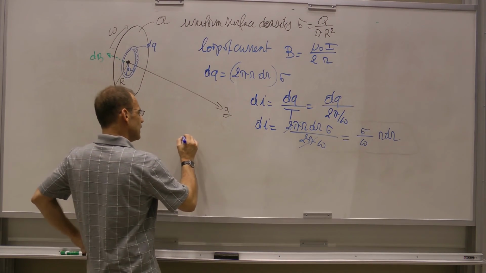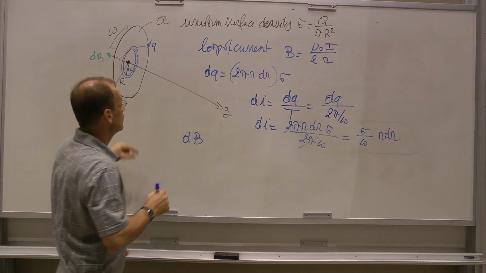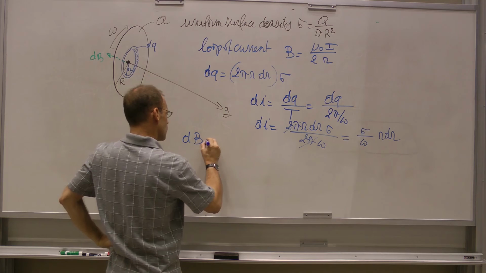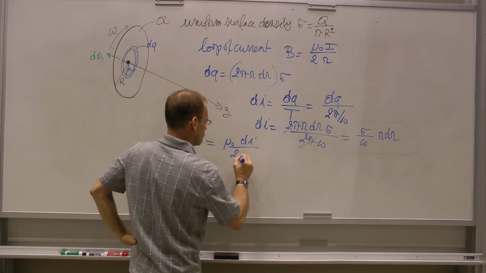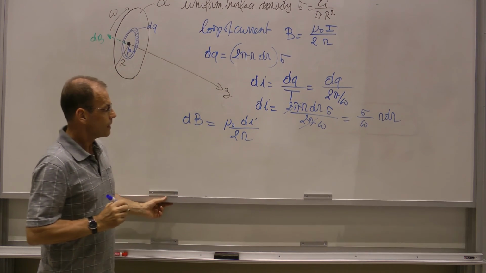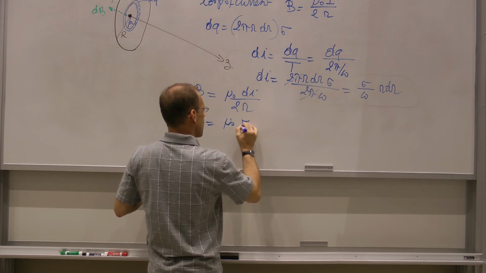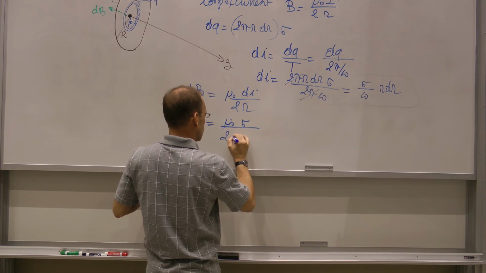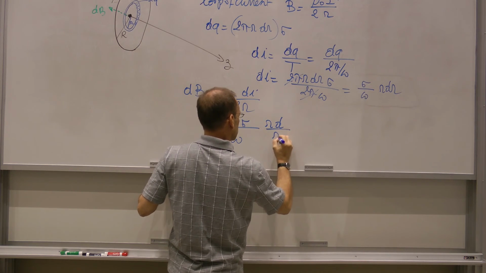So the elemental field dB created by that line of current, this charge rotating, is going to be simply mu 0 di over 2r. And we can therefore find mu 0 di is sigma omega, so over 2, and I have an r dr divided by r.